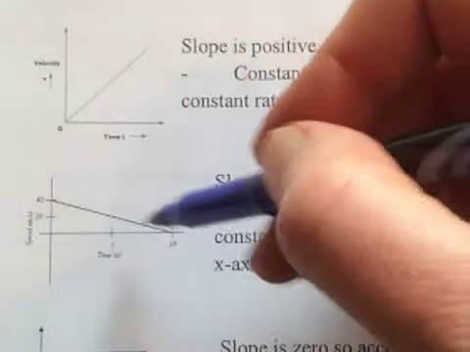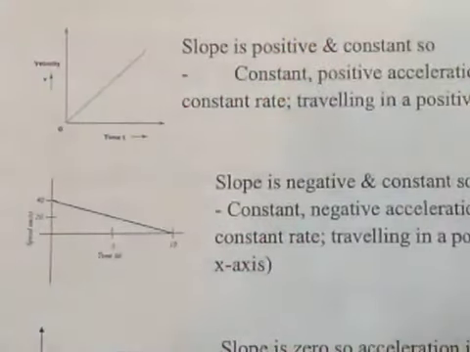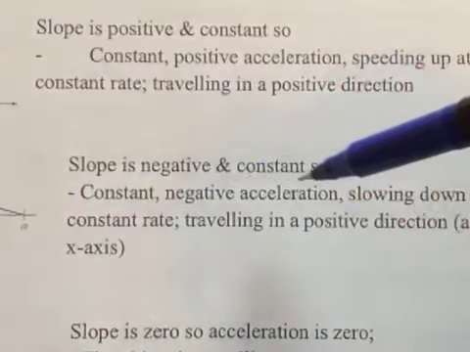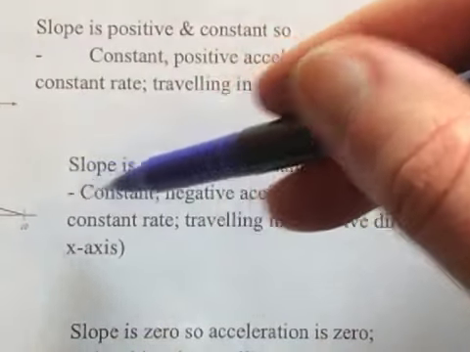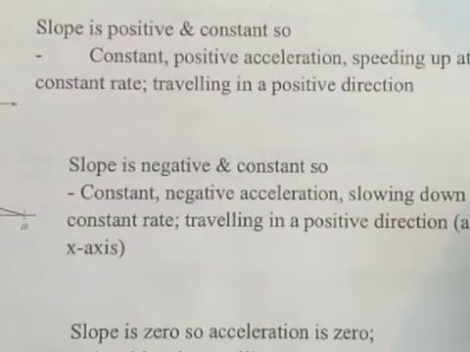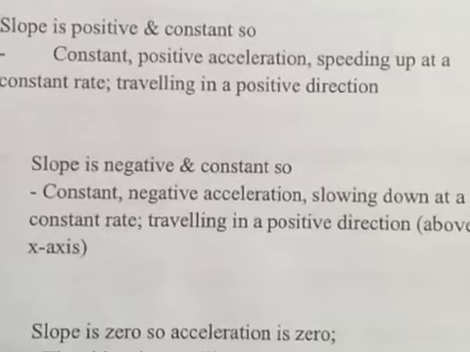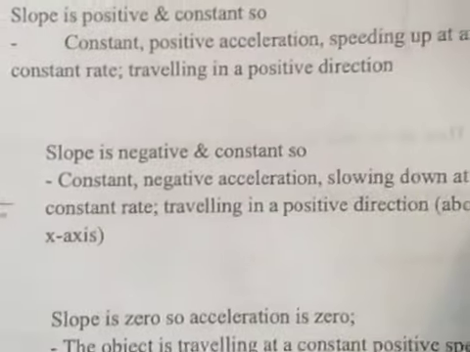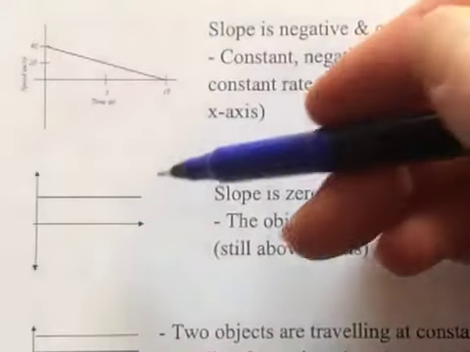So it's traveling in a positive direction, but it's slowing down at a constant rate. So the acceleration is constant and negative, shown by the slope, but it's slowing down at a constant rate, but in a positive direction. And it's because it's above the x-axis. All right? And feel free to pause this video and write these notes down if you want.